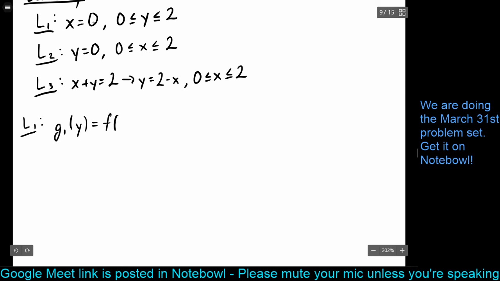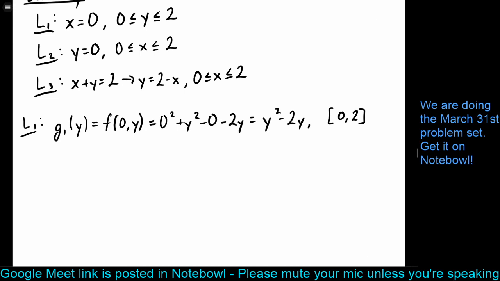We get it by plugging the equation for this line into the function. So we get 0 squared plus y squared minus 0 minus 2y. So we get y squared minus 2y, on the interval from 0 to 2.